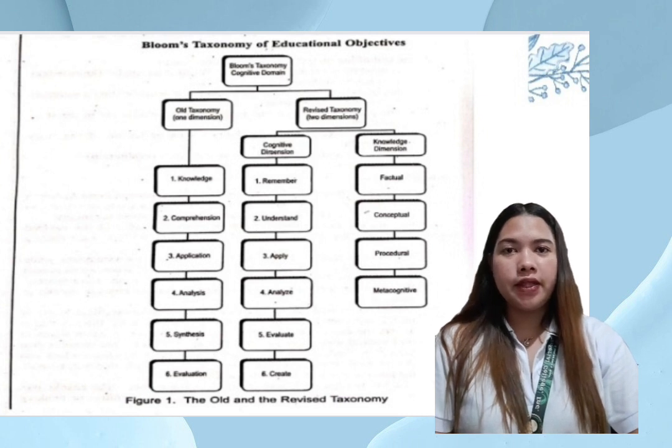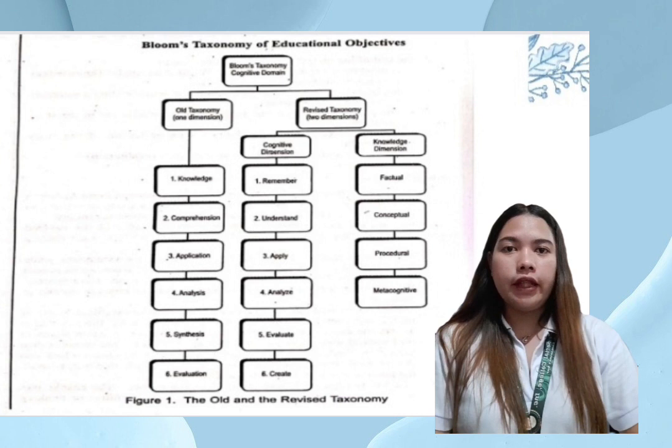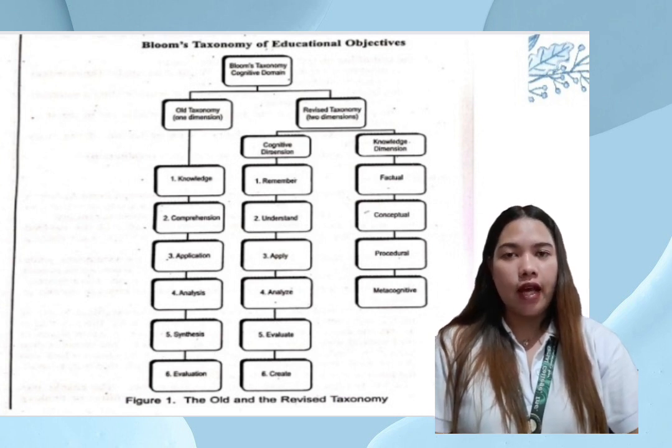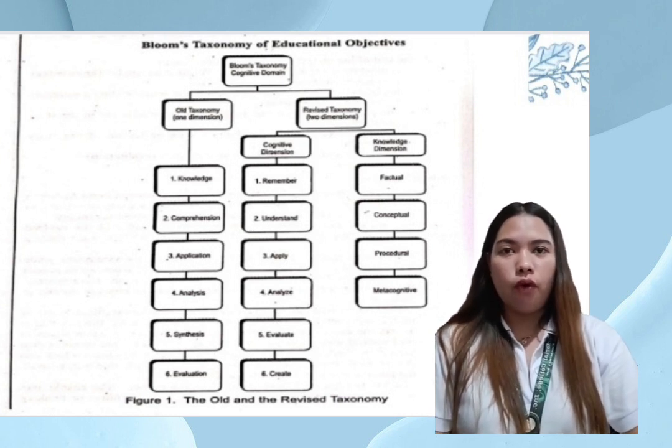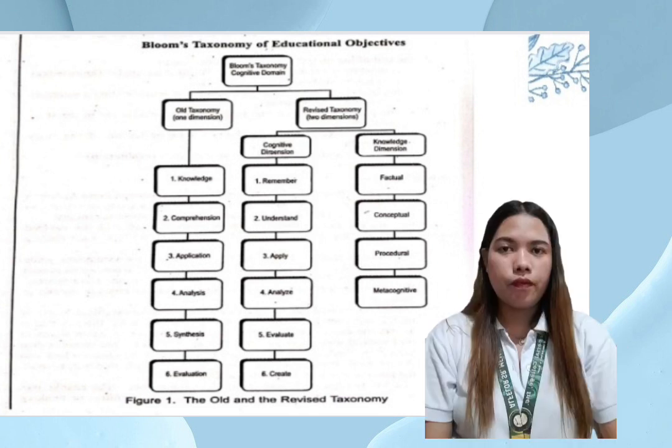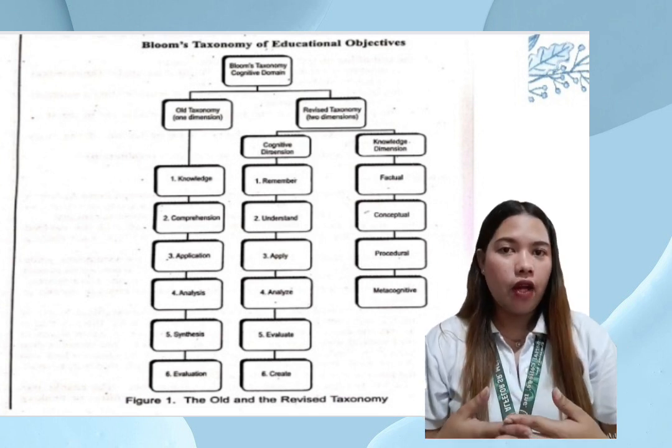Next, we have the synthesis. This level emphasizes the ability to integrate and combine information to create something new. It involves generating ideas, constructing models, designing solutions, or composing works using existing knowledge or concepts. Next, we have the evaluation.